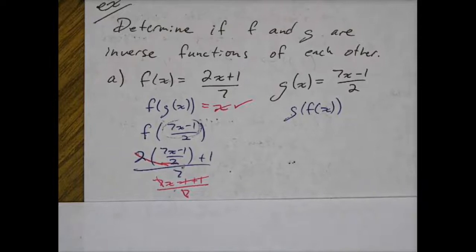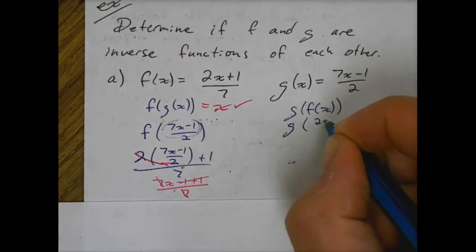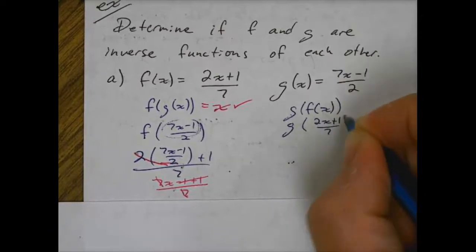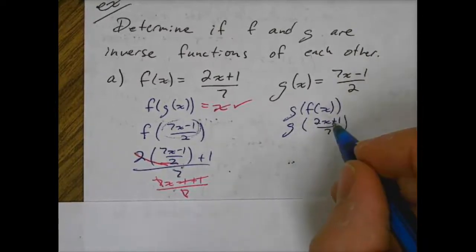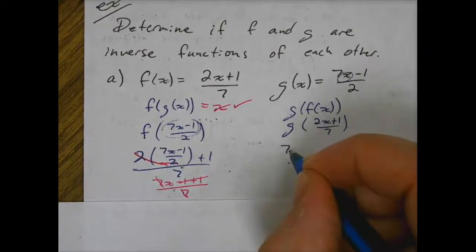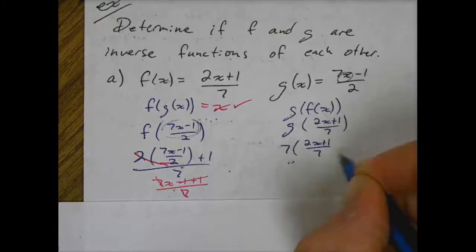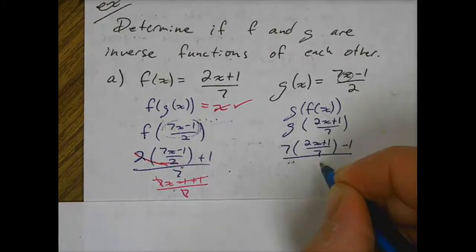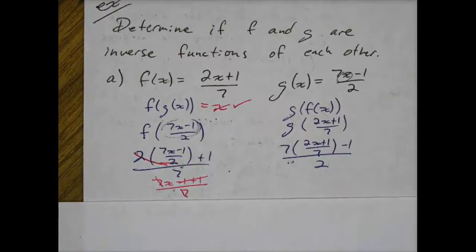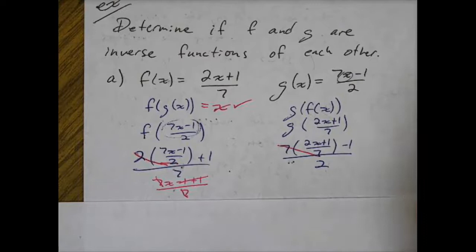Likewise, in the other direction, g of f of x. So I want g of what f of x is, 2x plus 1 divided by 7. So I'm going to take this, substitute it into my x for g of x. So 7 times my new x value. Now again, 7 divided by 7 makes 1. 1 minus 1 will make 0.